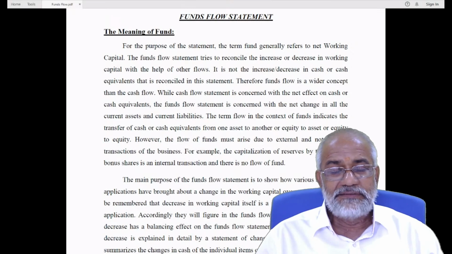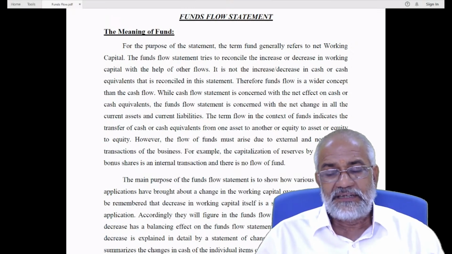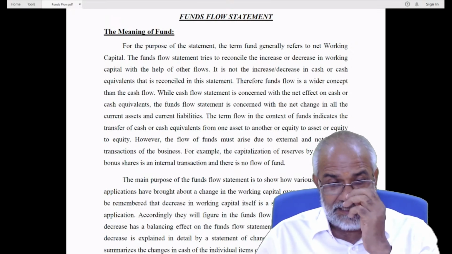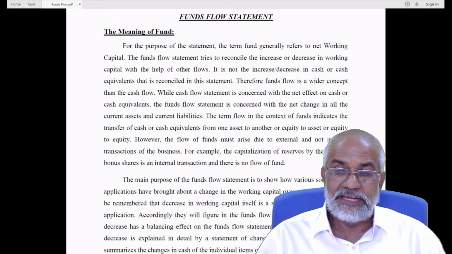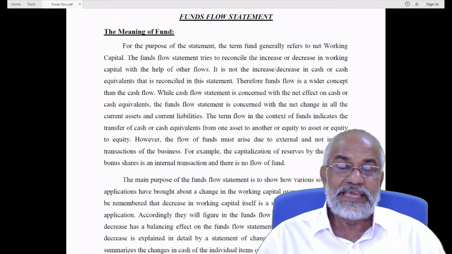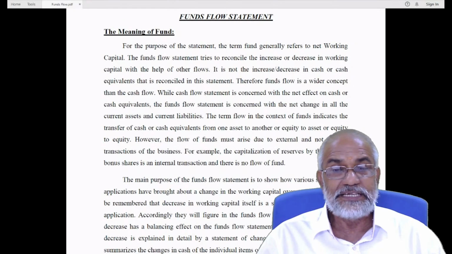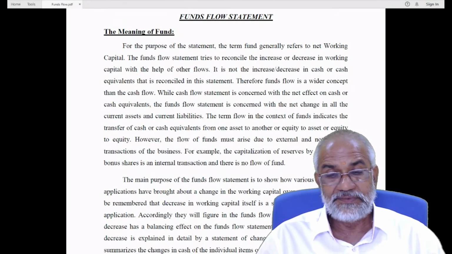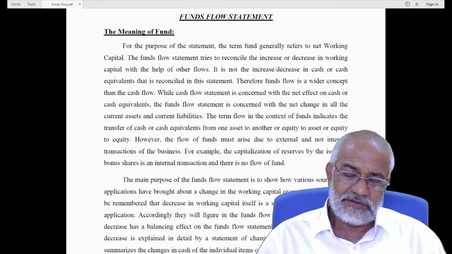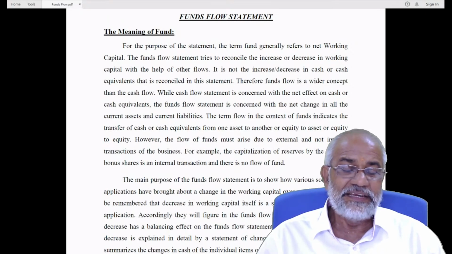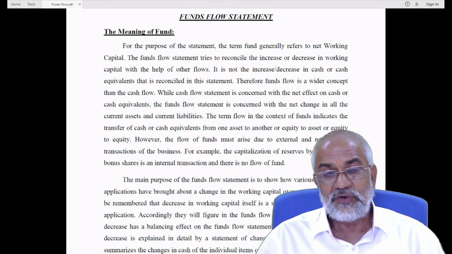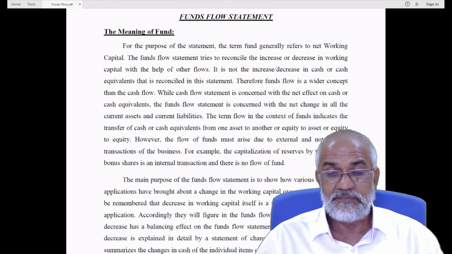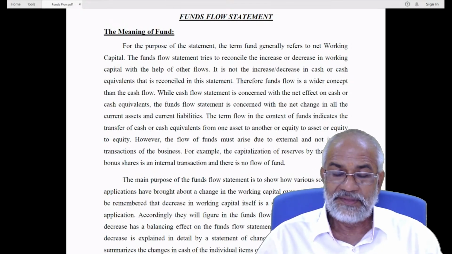So what will happen? Furniture is not a current asset, but cash is a current asset. So when cash is paid, cash is reduced by 50,000, and it will definitely reduce the net current asset position or the fund position by 50,000 rupees.